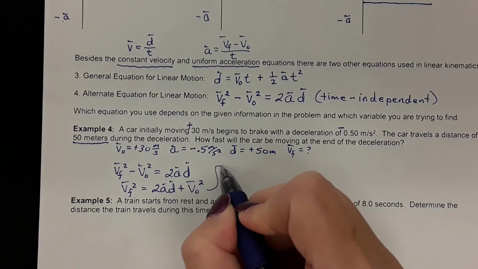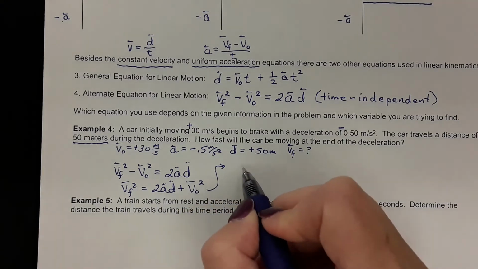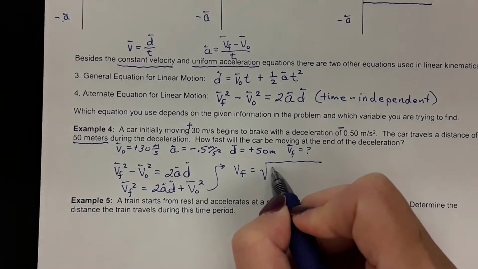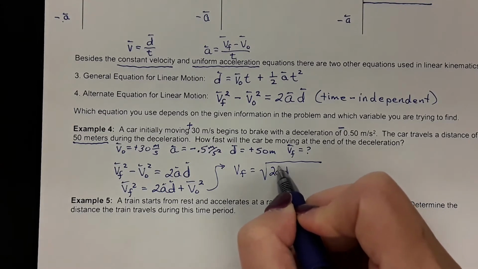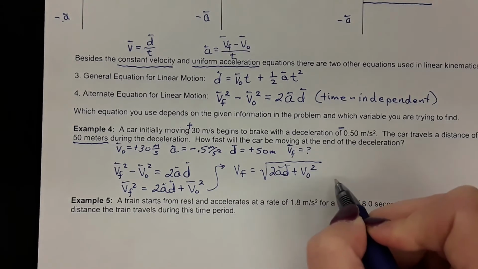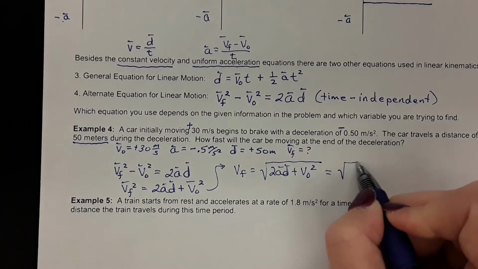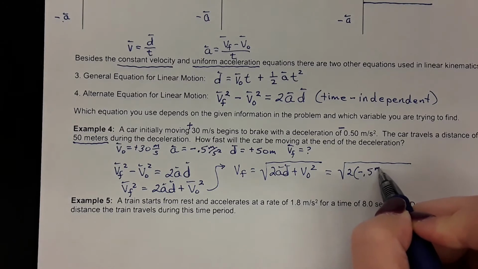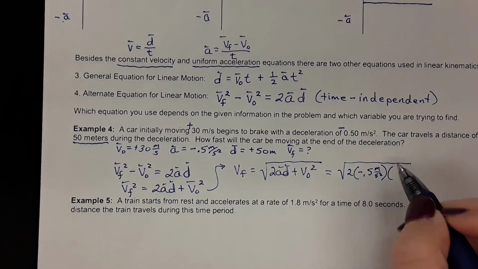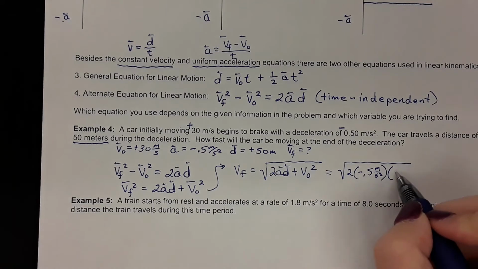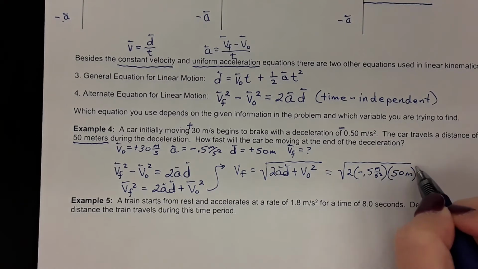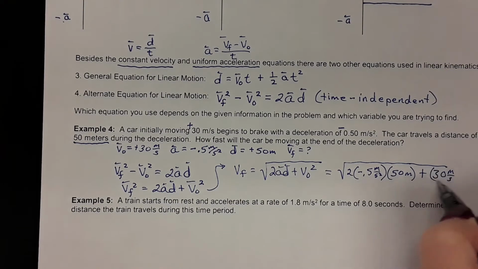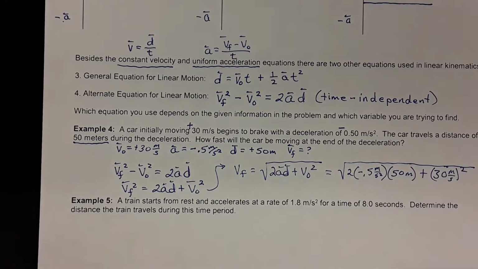And now we can get rid of the square by saying VF equals the square root of the whole quantity 2AD plus V sub O squared. Now we can stick in our values. So we get 2 times negative 0.5 meters per second squared times 50 meters plus 30 meters per second quantity squared.